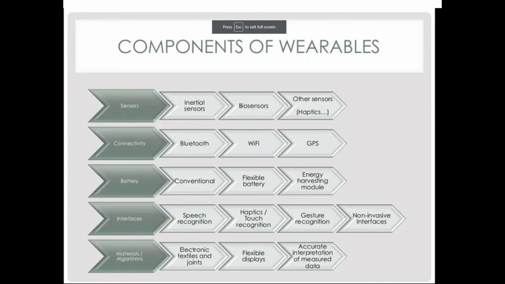Flexible displays are getting into reality with OLEDs and other new developments. Next is accurate interpretation of measured data. The data collected by the sensor needs to be given to a classifier that should be able to correctly classify the objective. As the objective is related to healthcare, we need to be as robust as possible.